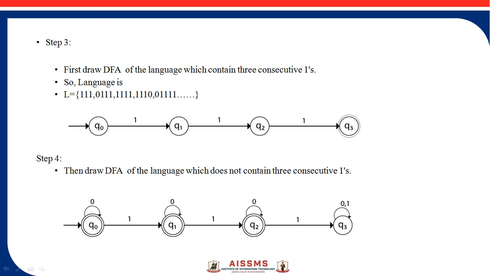Also, one important thing is that Q0, Q1 and Q2 of the first DFA can accept strings which do not contain three consecutive ones. So they can accept a single one, double one or four ones, but not three consecutive ones.